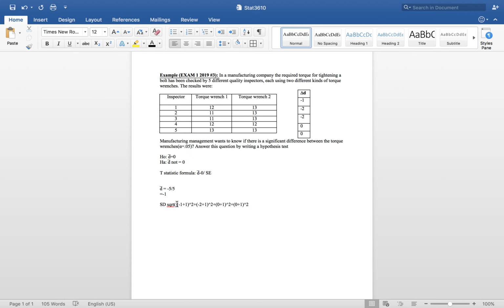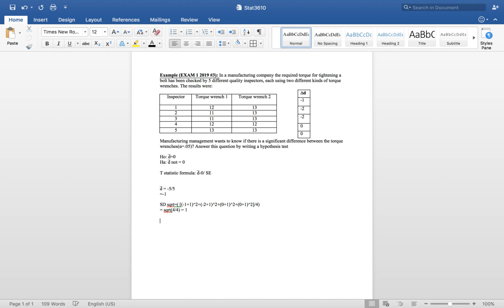Now all of this will be put in brackets because it's that divided by 4 as well, inside of the square root. And that will equal the square root of 4 divided by 4, and that will equal 1.